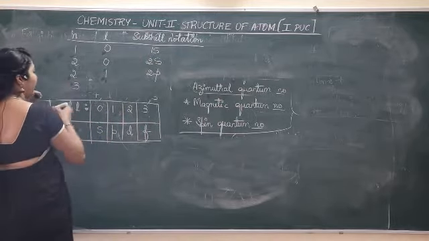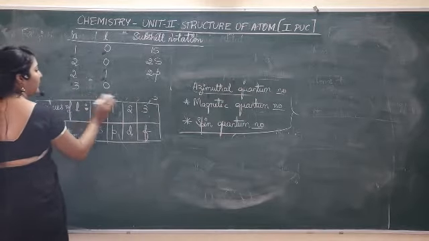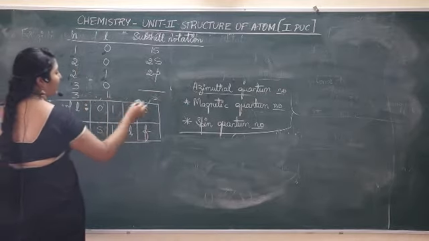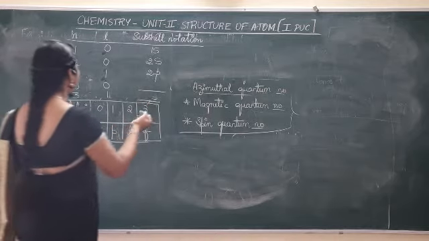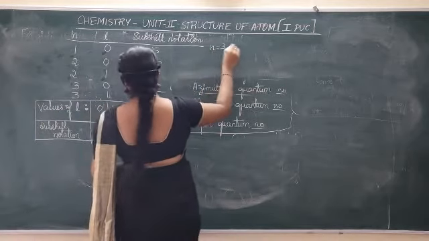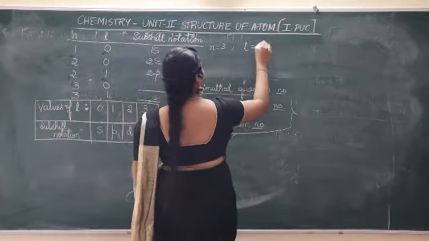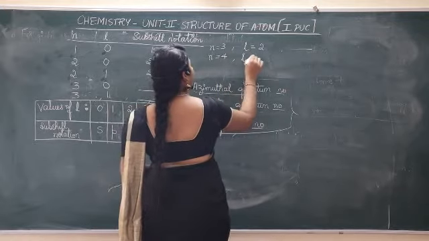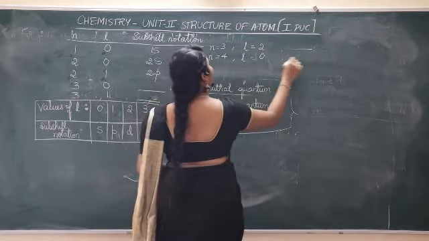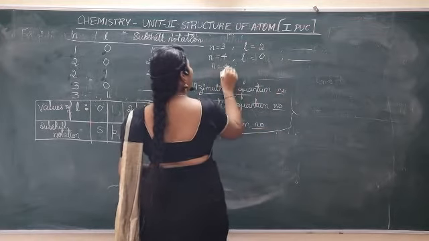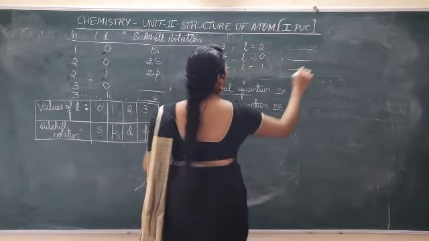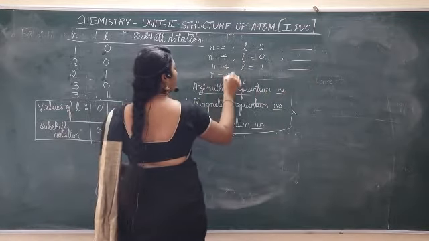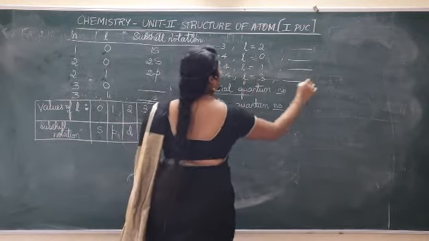When n is equal to 3, L is equal to 0, what is the subshell notation? n is equal to 3, L is equal to 1. n is equal to 3, L is equal to 2. n is equal to 4, L is equal to 0. n is equal to 4, L is equal to 1. n is equal to 4, L is equal to 3. What is the subshell notation?